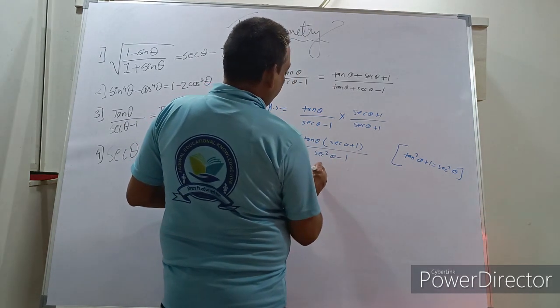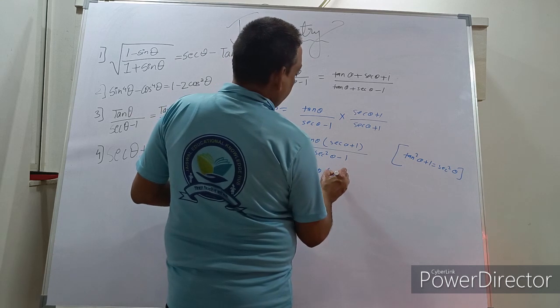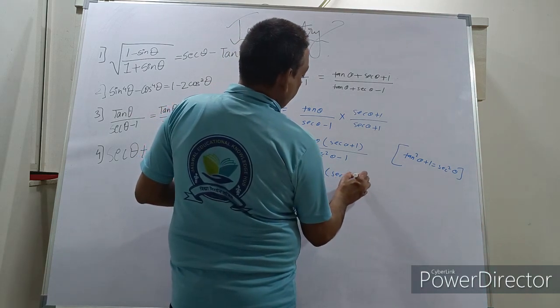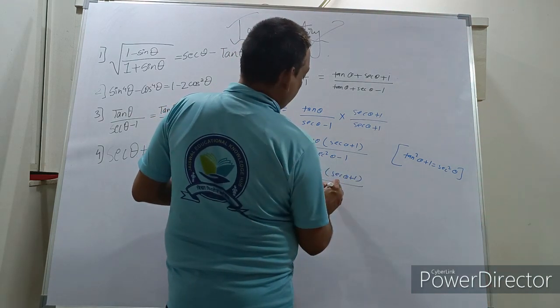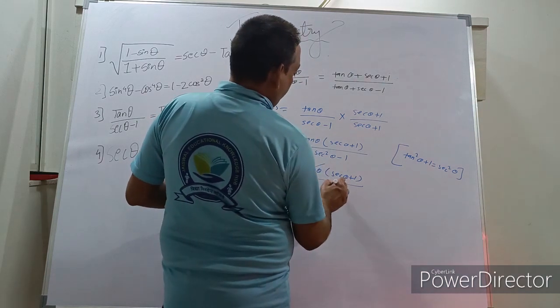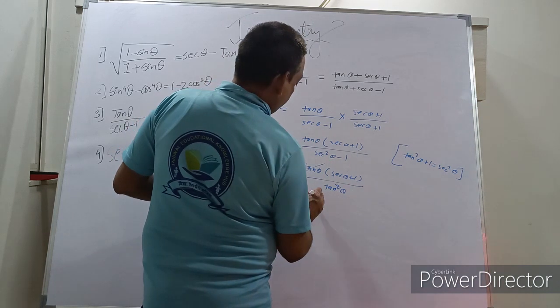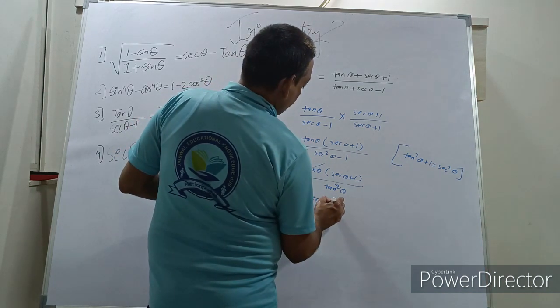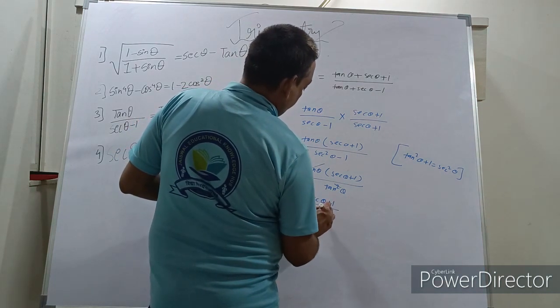So now we have tan theta times sec theta plus 1 upon tan square theta. Now one tan gets cancelled. So now we have sec theta plus 1 upon tan theta.